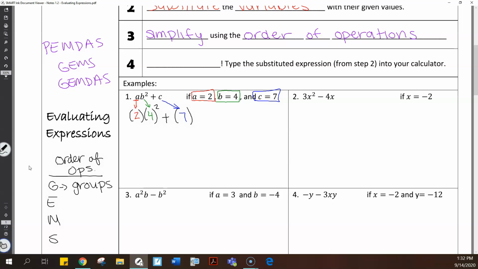Remember that there are many, many, many ways to group terms together. Frequently we see parentheses, but you may also see something like brackets or fraction bars or square root symbols that have operations underneath. So the first thing I want to do is take care of anything that is grouped together. Then I'm going to take care of my exponents.